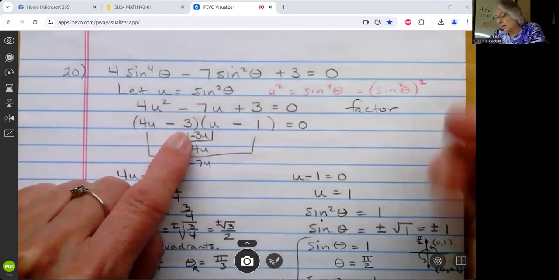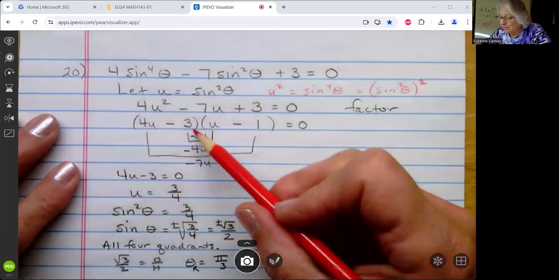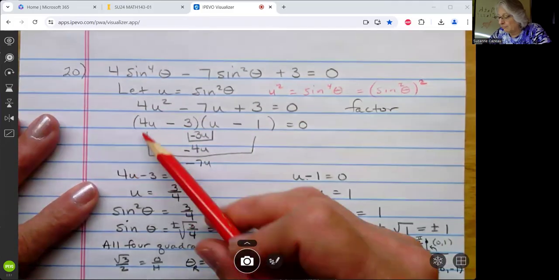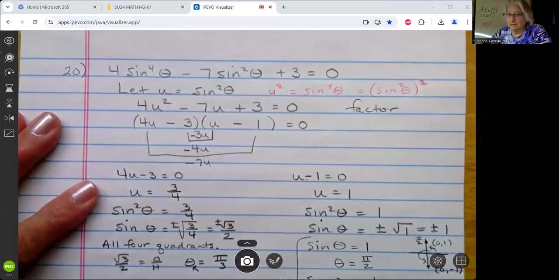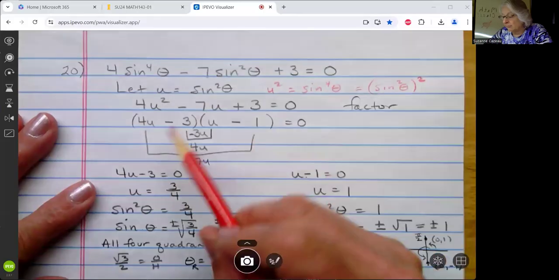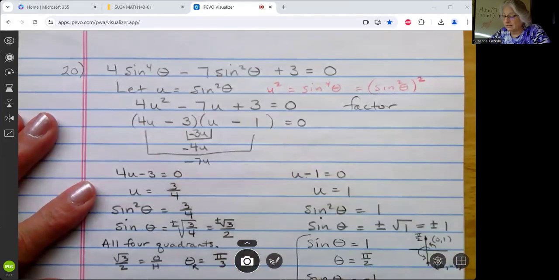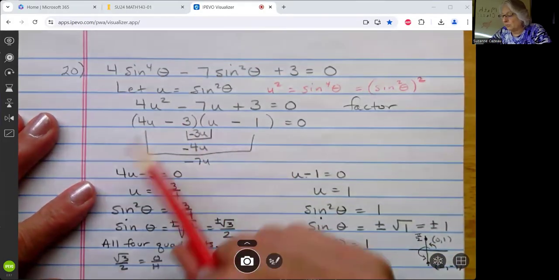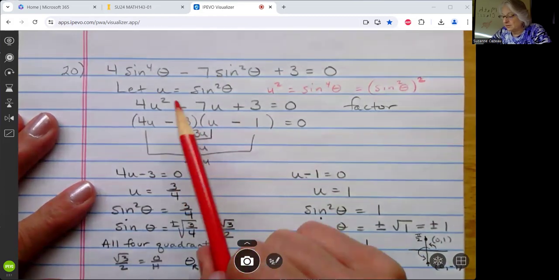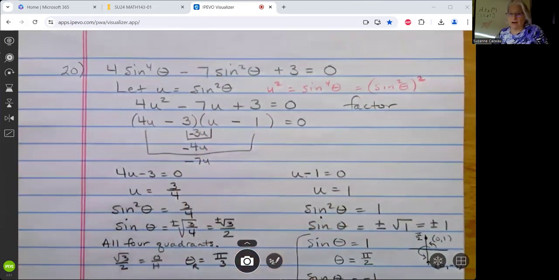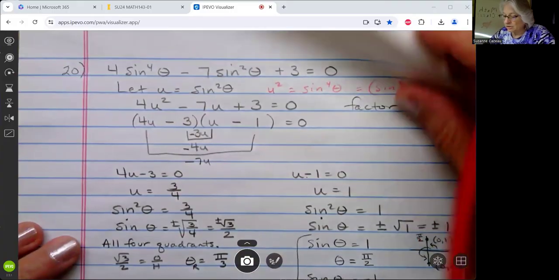This is prime. So I get the 3 this way and a 4 that way. They got to add up to a negative 7, and they're both negative because negative times negative is positive. We get negative 3u minus 4u adds up to negative 7u. So there's your factoring, and you can set each factor equal to 0 because you're solving.